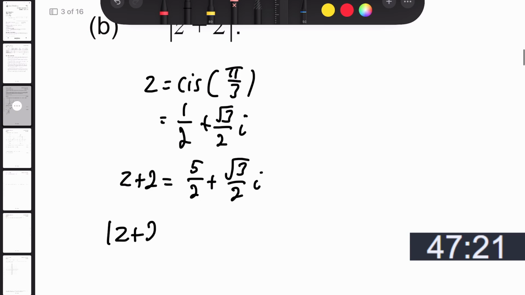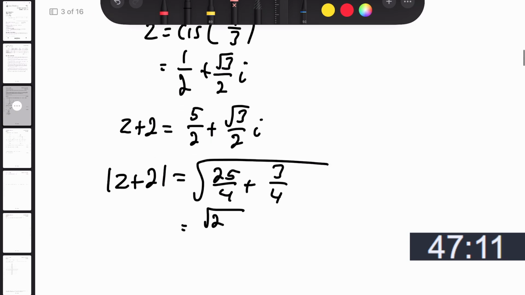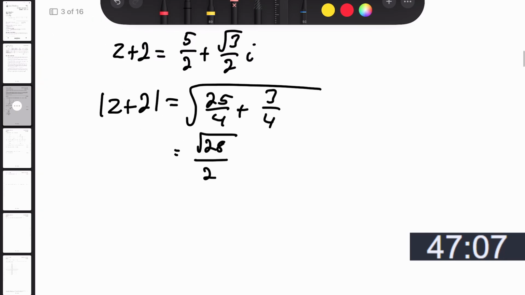And the magnitude of z plus 2 is going to equal the square root of 25 on 4 plus 3 on 4. So it would be square root of 28 on 4, bring the 2 out, so square root of 7.